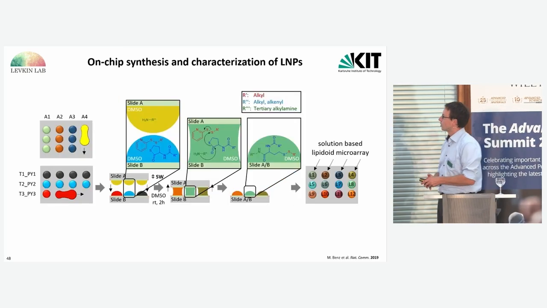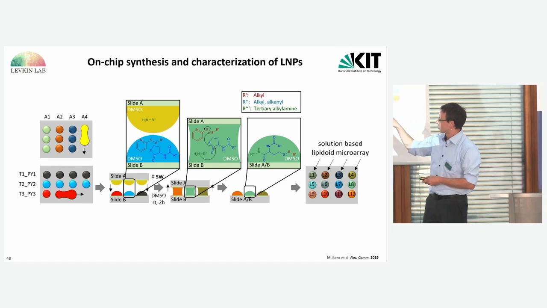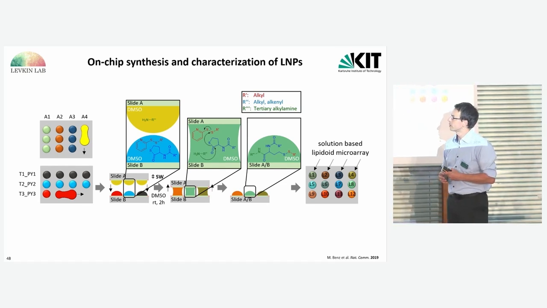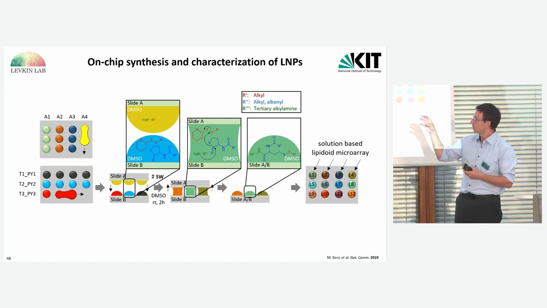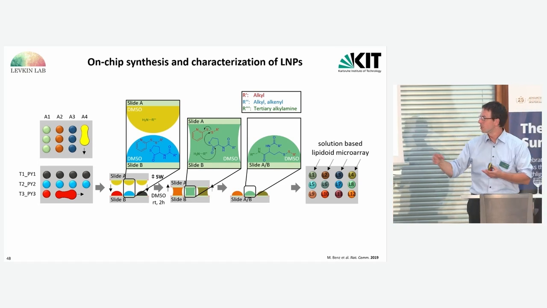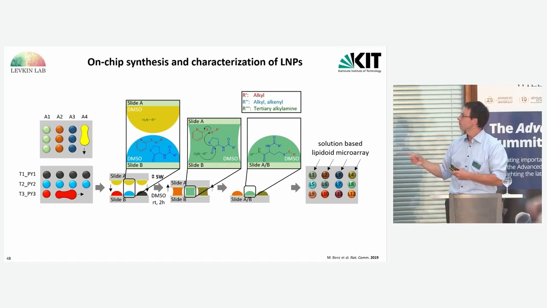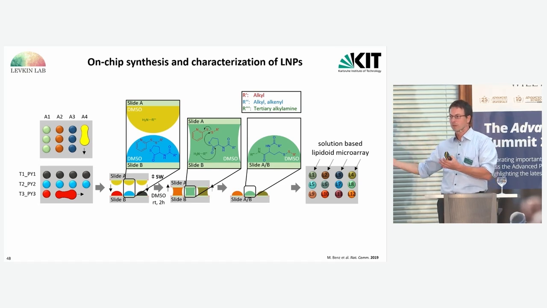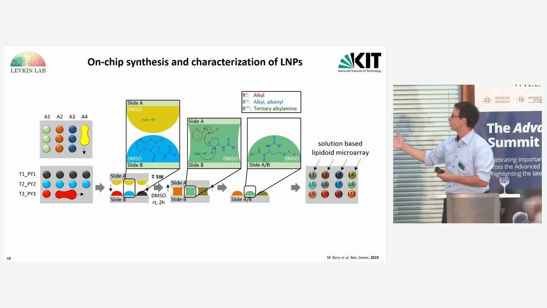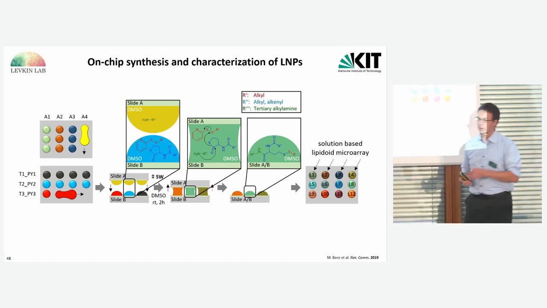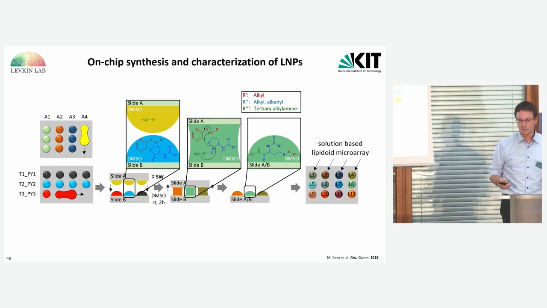So the synthesis then was done on the droplet microarray by basically adding all three components for the chemical reaction into the individual droplets, also using the sandwiching method and the discontinuous dewetting method in this case. It was done in DMSO, then the reaction happened overnight in DMSO, and then we had at the end droplets, each droplet containing a different type of lipid.